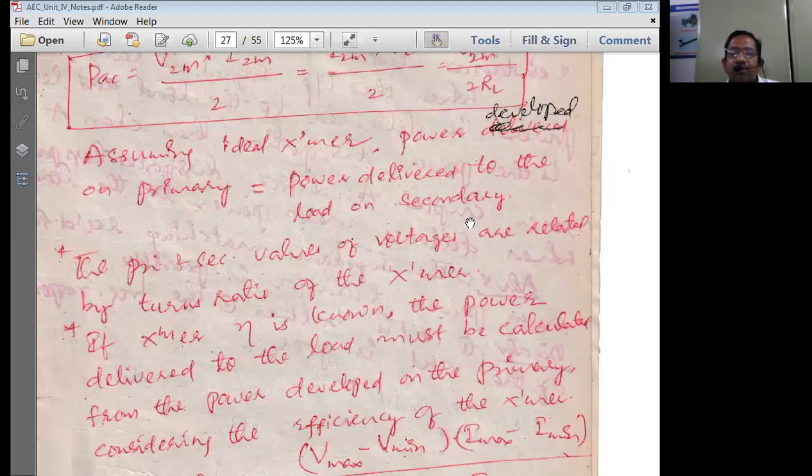Now, in the beginning of this particular concept, I mentioned that we are considering the ideal transformer. So an ideal transformer is always going to have a pure inductance value where its internal resistance RC is approximated to 0. If it is so, assuming the ideal transformer, then the power developed on the primary becomes equal to the power delivered to the load resistance.